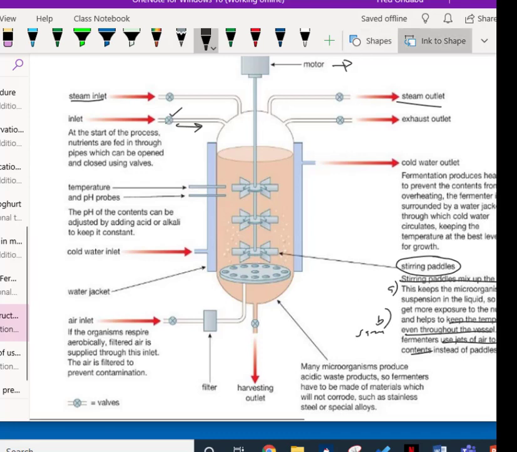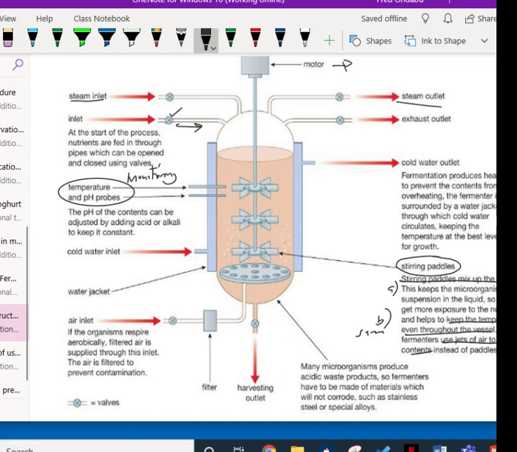Now, there are the temperature probes here. These temperature probes and pH probes are used for monitoring the temperature levels and the pH levels.